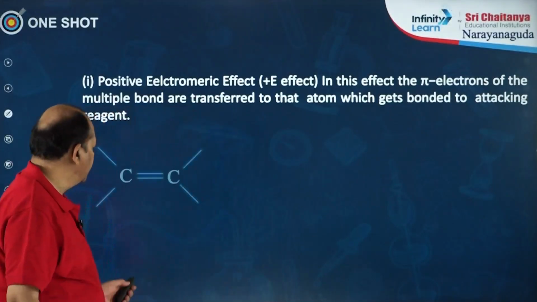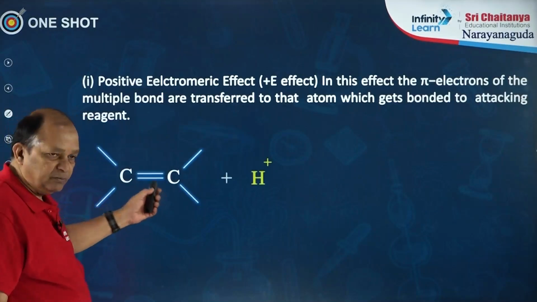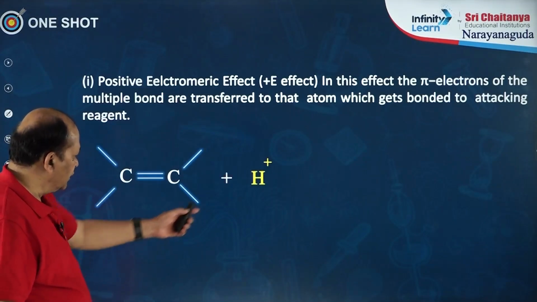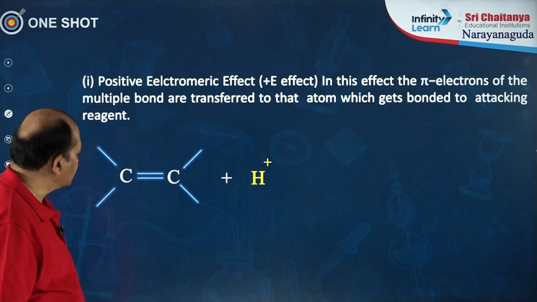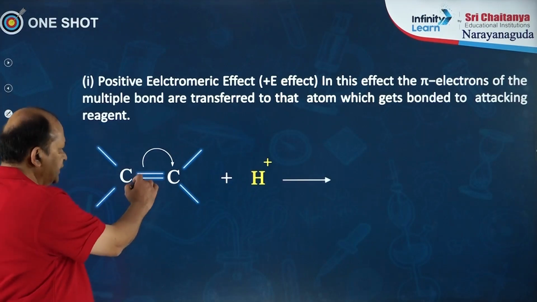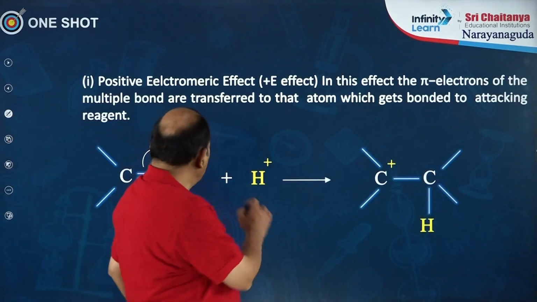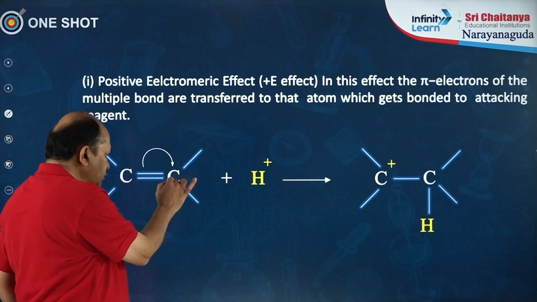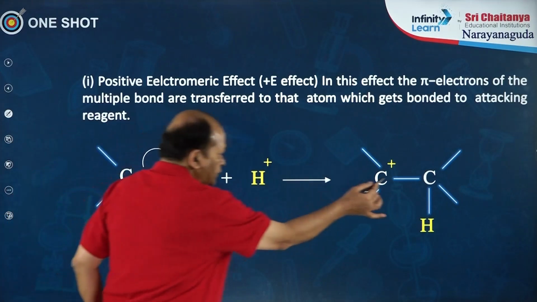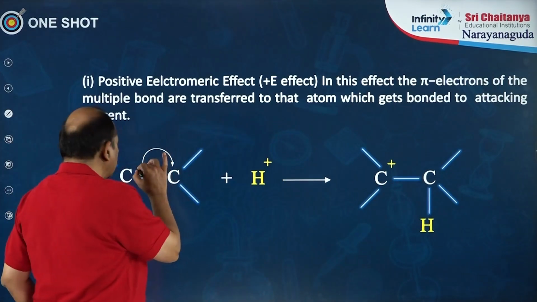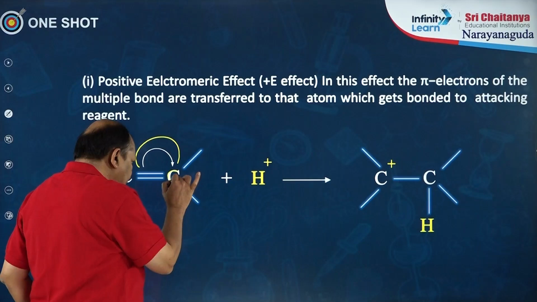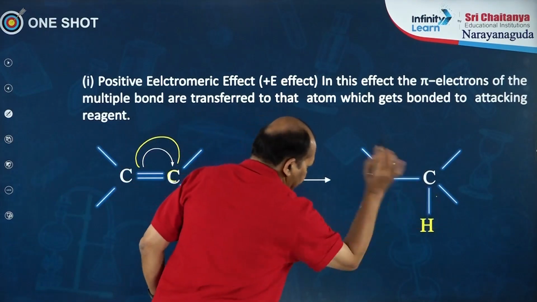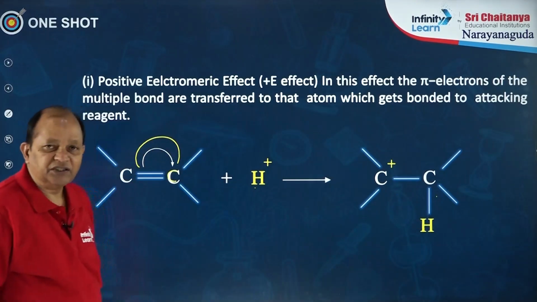You observe this equation. It is a compound with multiple bonds, and this is the attacking reagent. Now what is happening? You can observe the pi electrons are transferred to that atom which is bonded to the attacking reagent. This is the plus E effect.